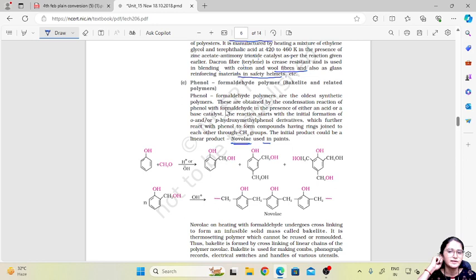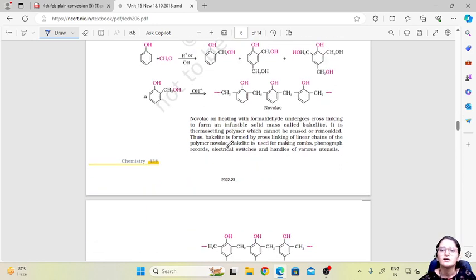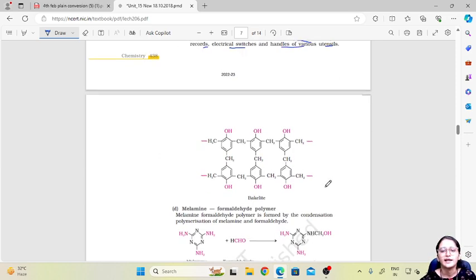Now this is an application type of question which can be asked for 1 mark. Then Novolac, when heated with formaldehyde, undergoes cross-linking to form an infusible solid mass called bakelite, which is very important. And its uses: it is used in making combs, phonograph records, electrical switches, handles of various utensils. So this is how you can use bakelite in different categories.